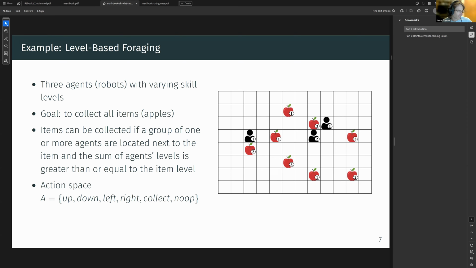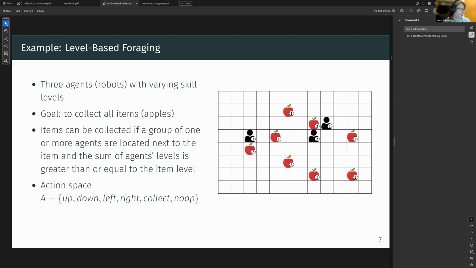An agent can move. So this is the action space. They have the four directions, and then there's this collection action, and there's a no-op action, which is just the agent doesn't move. The idea is for the agents to collect these items, but there are constraints on how they can collect items.